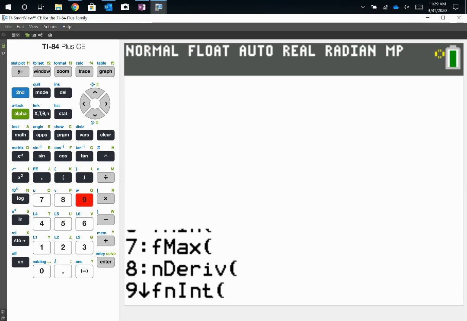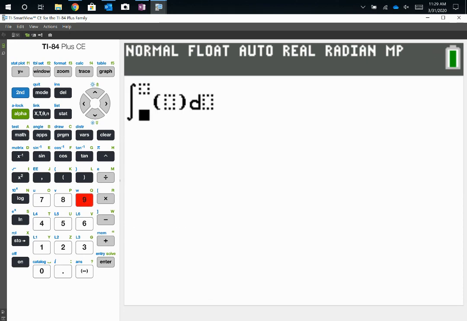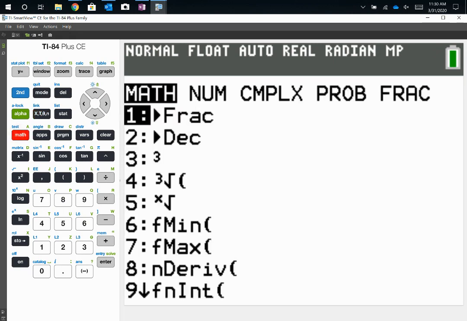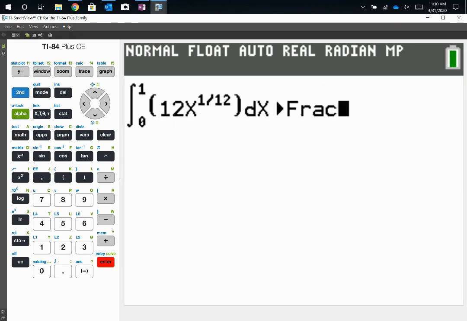Math, number 9, 0 to 1. I'm just going to take this as a power, right? 12x to the power 1 divide 12 dx, math, fraction, answer.